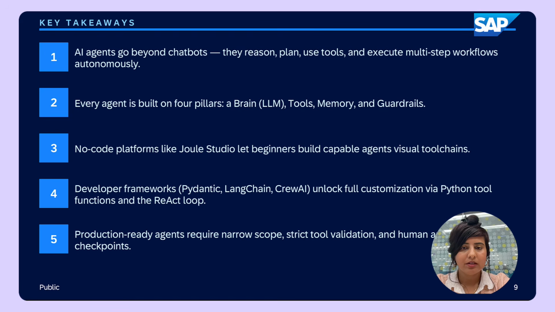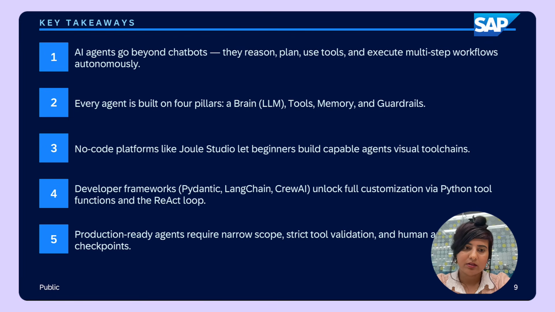The no-code approach uses classic Joule Studio. The link will be present in the description as well, do check it out. Another approach is the pro-code or code-based AI agent approach. Fourth, we use various developer frameworks like Pydantic AI, LangChain, and CrewAI in order to unlock full customization flexibility, and Python tools in order to code the ReAct loop and realize complex use cases using code-based AI agents.